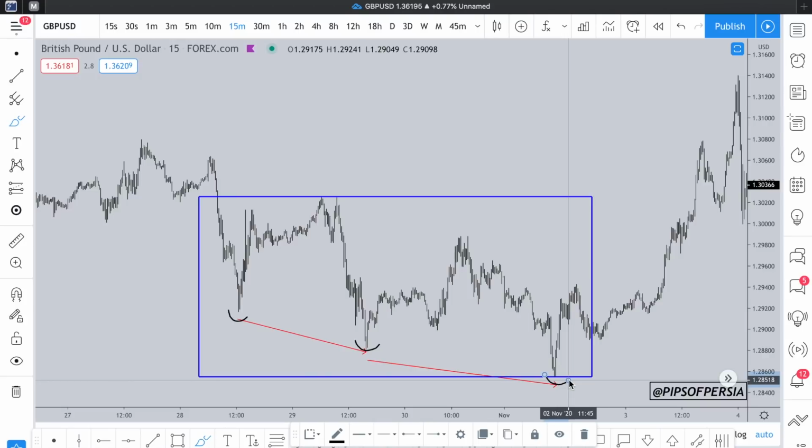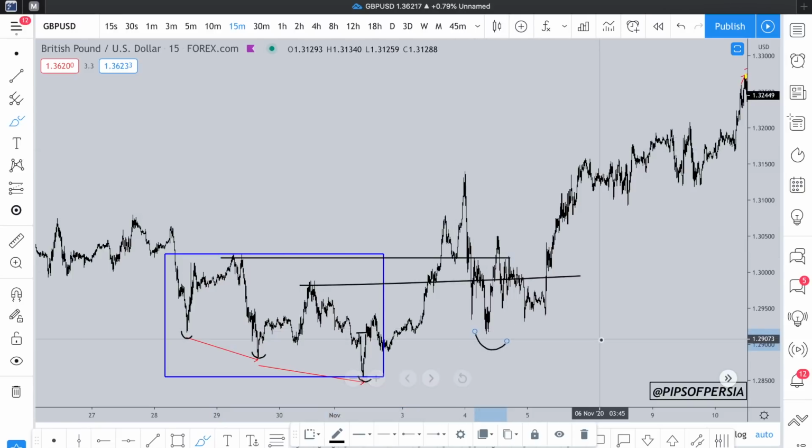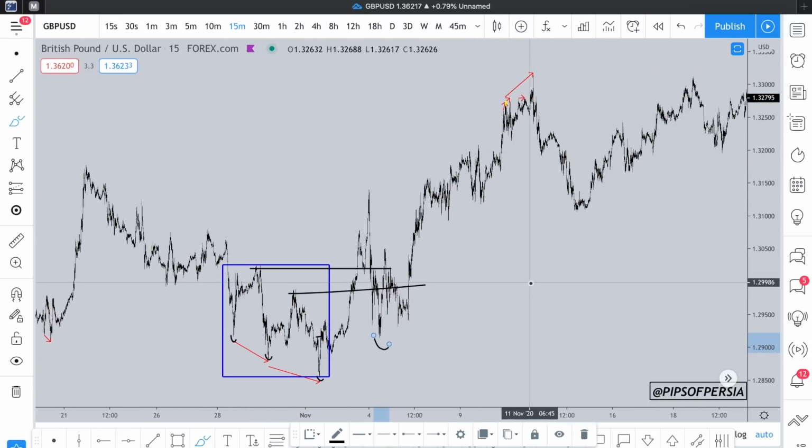I just skipped a lot of the markups in the middle because we should all know the markups by now anyway. So selling climax, secondary test in phase B, and the spring. Again, these could be very minor breaks of structure to the upside, but more so these would be the more major breaks of structure, or up here would be the more major breaks of structure, and your last points of support being created before you have the next rally higher.